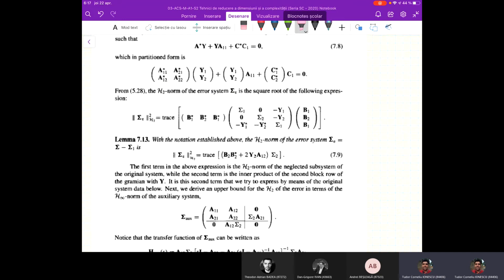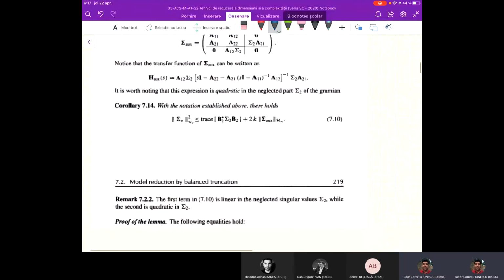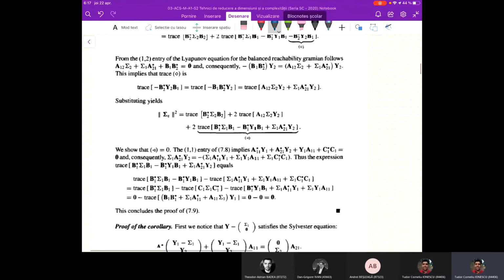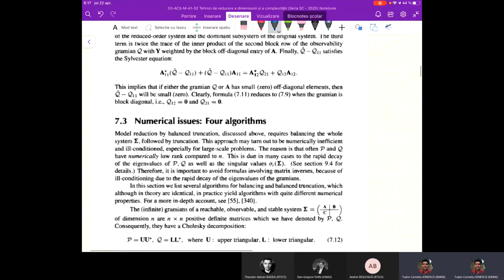For instance, the H2 norm of the error system is given by this interesting trace. So there are a lot of interesting results you can see here. I'm not going to get into the details because I want to show you something else.